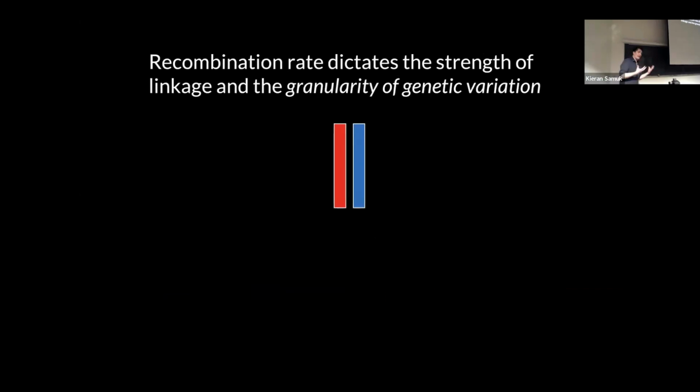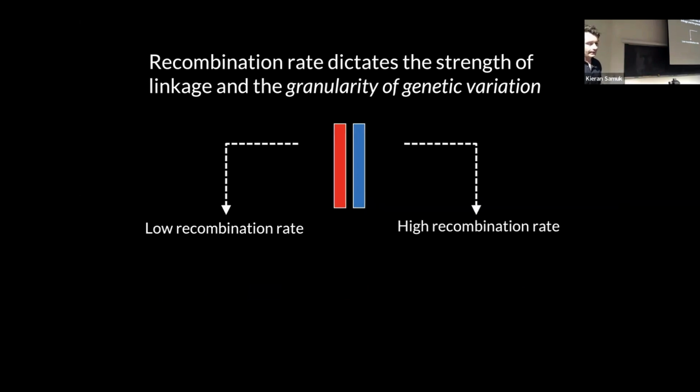Okay, so I am an evolutionary biologist, and one of the things that really fascinates me about recombination rate is that it dictates the strength of linkage, kind of by definition, but it also has a really important role in dictating what we can call the granularity of genetic variation in a population. So if we imagine this recombination process unfolding in a particular chromosome, we could envision a case of low recombination rate and maybe high recombination rate.